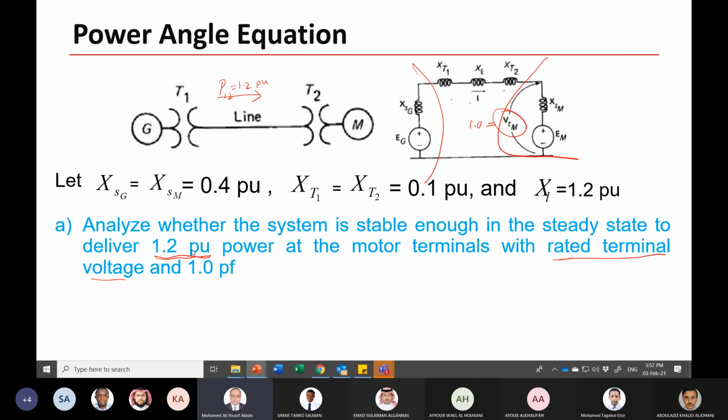So can we check whether the system is stable under this condition or not?